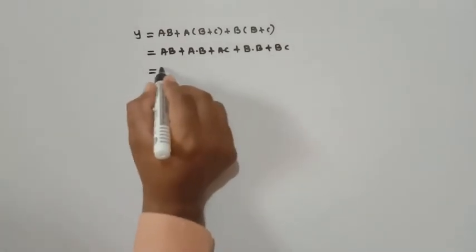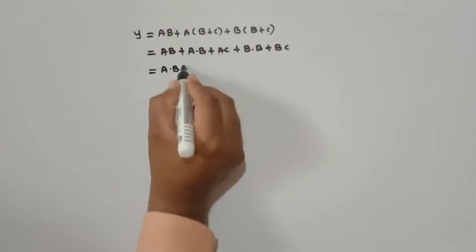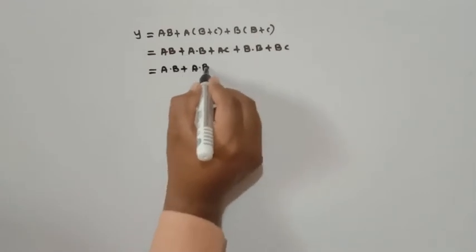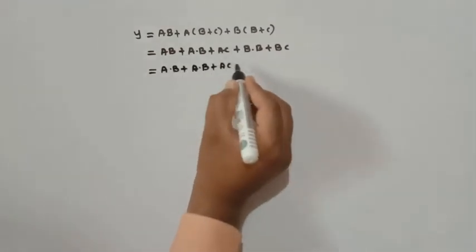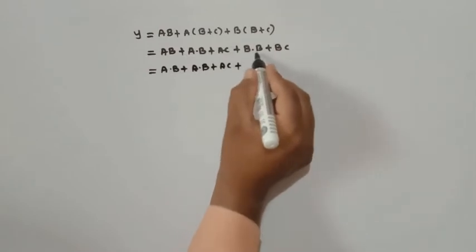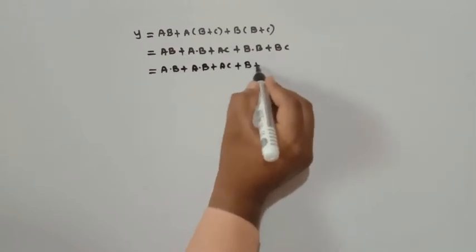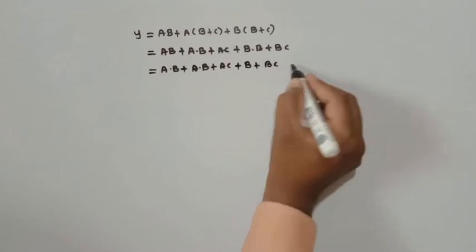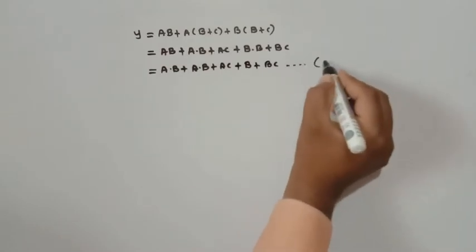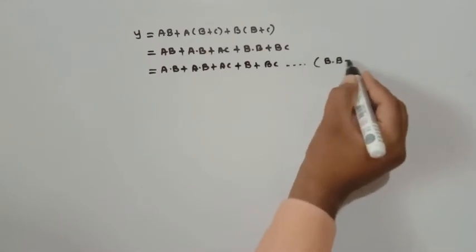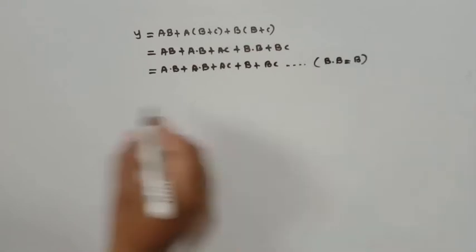So we write the equation as a.b + a.b + ac + b + bc. Here we mention which rule we use: b.b = b.